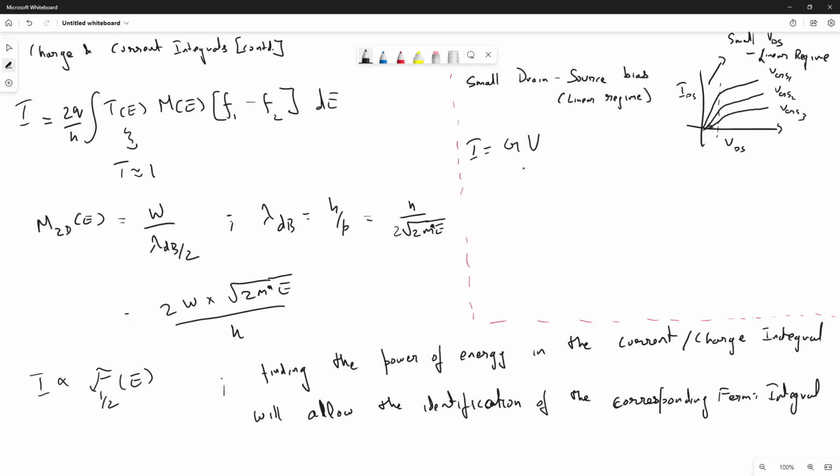Now we can write I equal to GV because the small bias has appeared. And what is the conductance? It is 2q squared upon h integral M of E times the Fermi window function, minus dF by dE, dE.